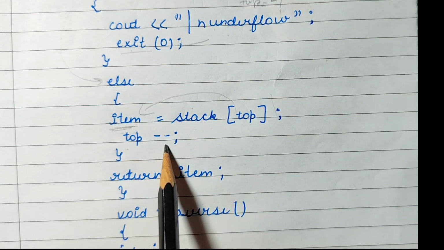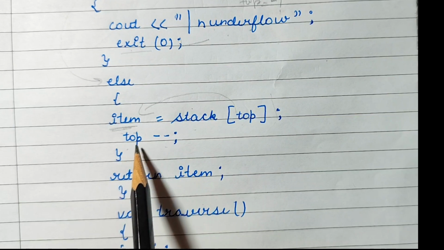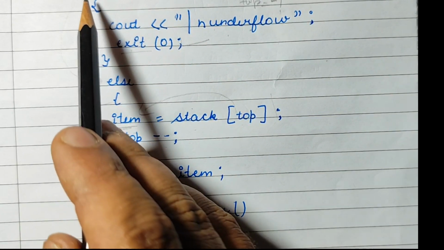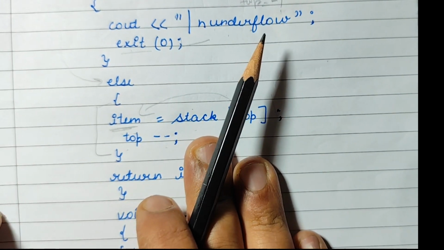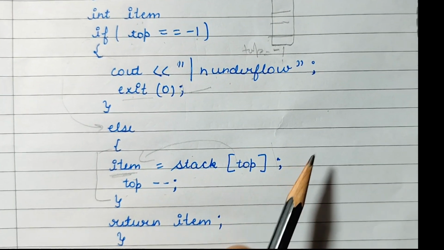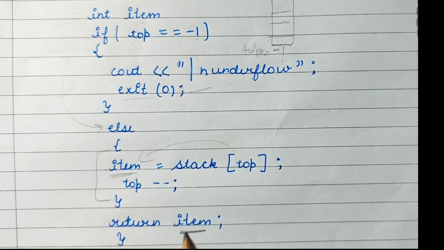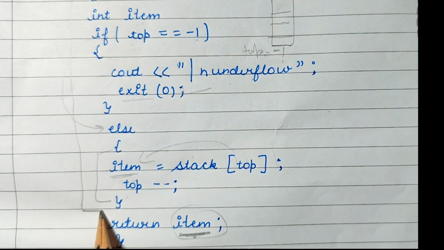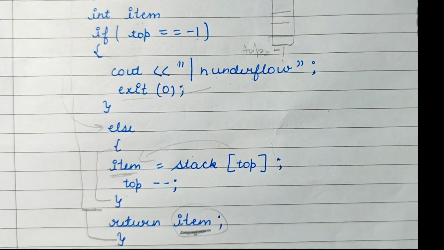After this top is decremented. In this way the else structure is closed. The return type of this function is int, so in the last I return the item that we are deleting from the stack, and after that this function is closed here.